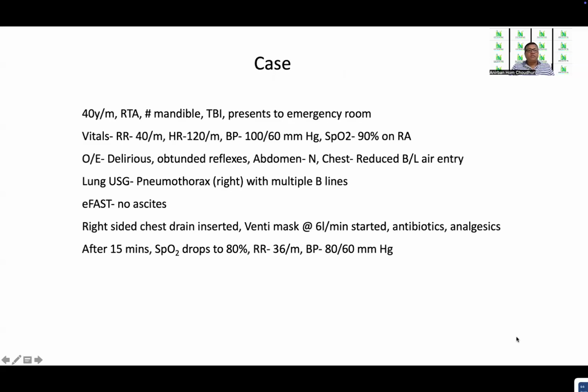Let us start with a case where a 40-year-old male with a road traffic accident, fractured mandible and traumatic brain injury presents to the ER. The vitals reveal a respiratory rate of 40 per minute, heart rate of 120, blood pressure of 100 by 60, and a saturation of 90% on room air.